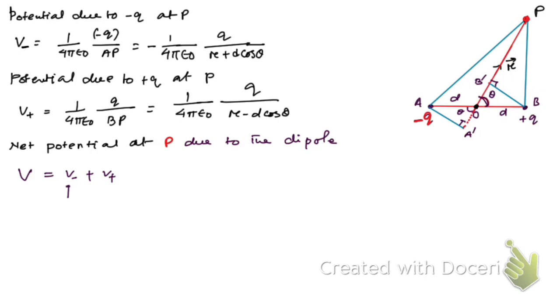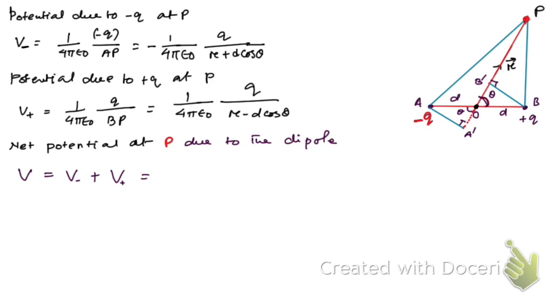V negative represents potential due to the negative charge and V positive represents potential due to the positive charge. So I hope you have understood this. Let me write here V minus plus V plus. If we add these two, then what are we going to get?